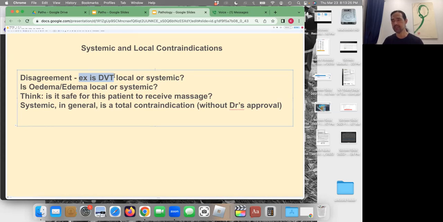But the deep vein thrombosis is affecting the circulatory system. So you could make the argument that it's actually systemic. Yeah, maybe it's like a local manifestation, but there is definitely a systemic effect. And the question should always be in your mind, if I work on this person, is it possible I could do harm? Our imaginations can do a lot.